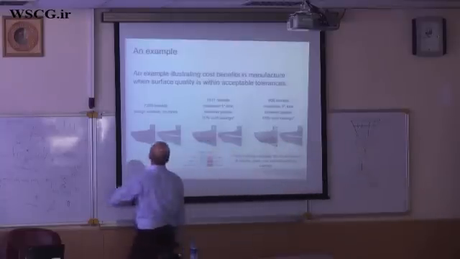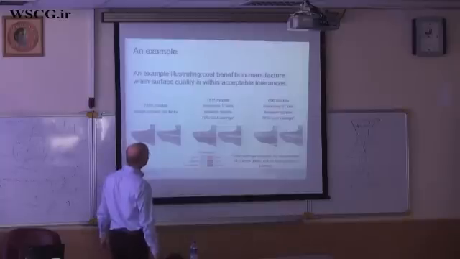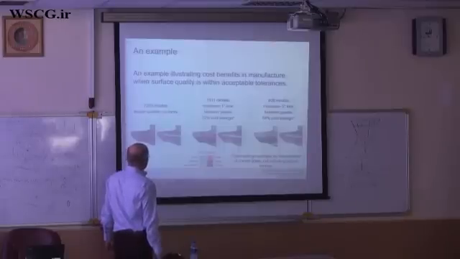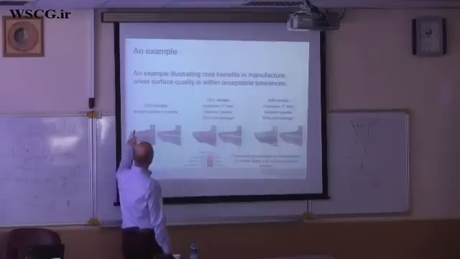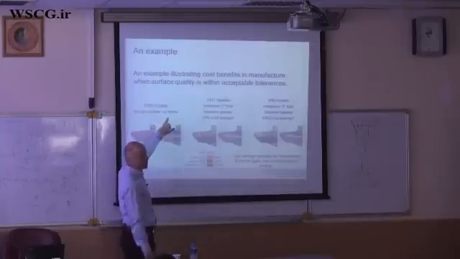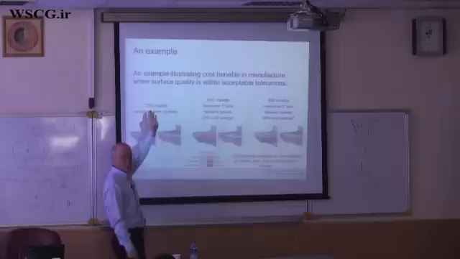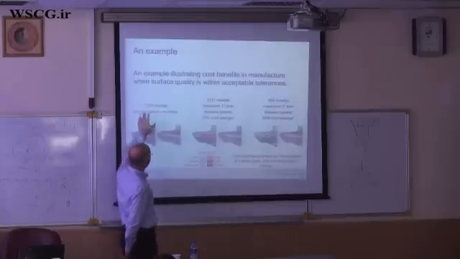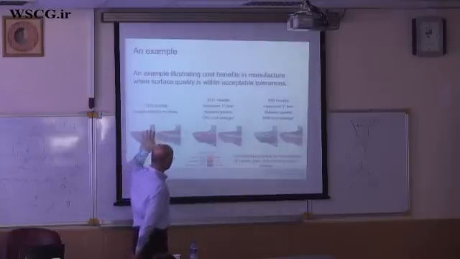And here is an example which illustrates the cost benefits when this is applied. So here we have a huge amount of molds. It is a very high quality. It has no kinks, but it has 7,265 molds. This is useless.